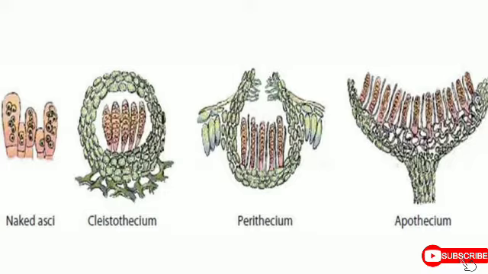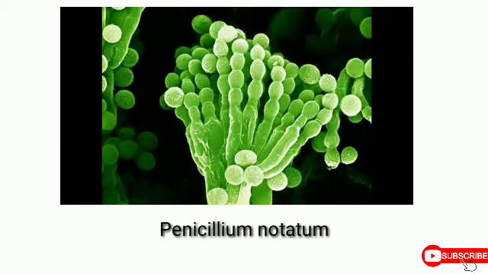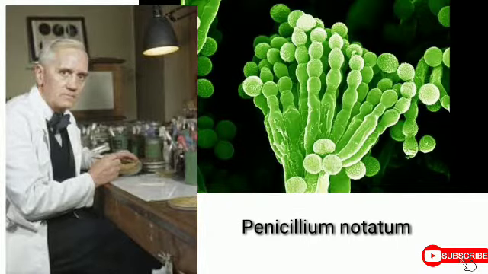Now let us see some examples of Ascomycetes. The first, very prominent one, is Penicillium, which is also known as blue-green mold. In Penicillium notatum, Fleming obtained the antibiotic penicillin. Penicillin is the first discovered antibiotic.